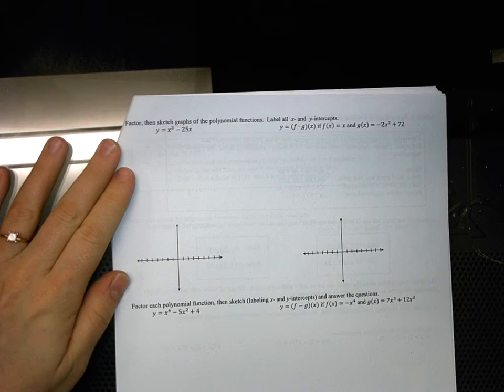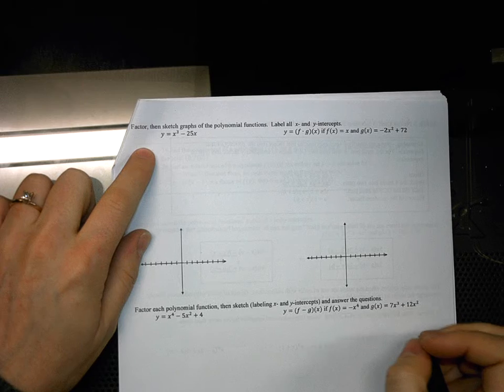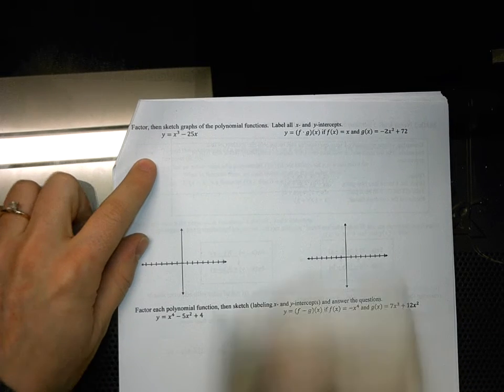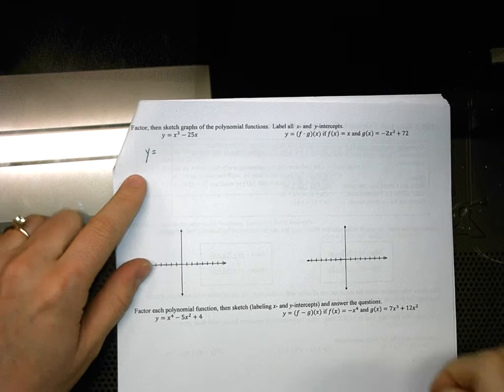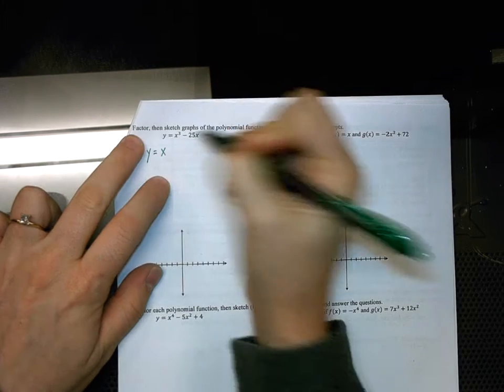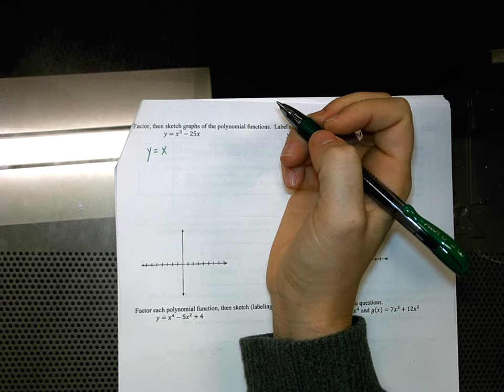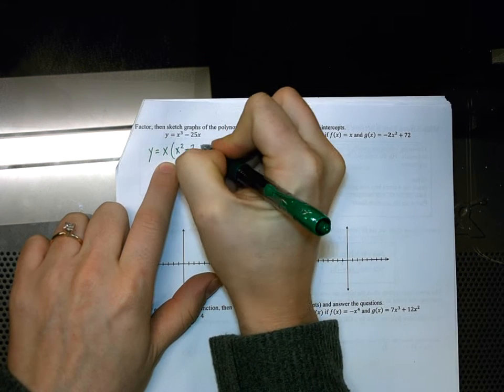Okay, starting with the first example at the top, we are going to factor this one so that we can see how we would graph it. So my greatest common factor is x, and I'm left with x squared minus 25.